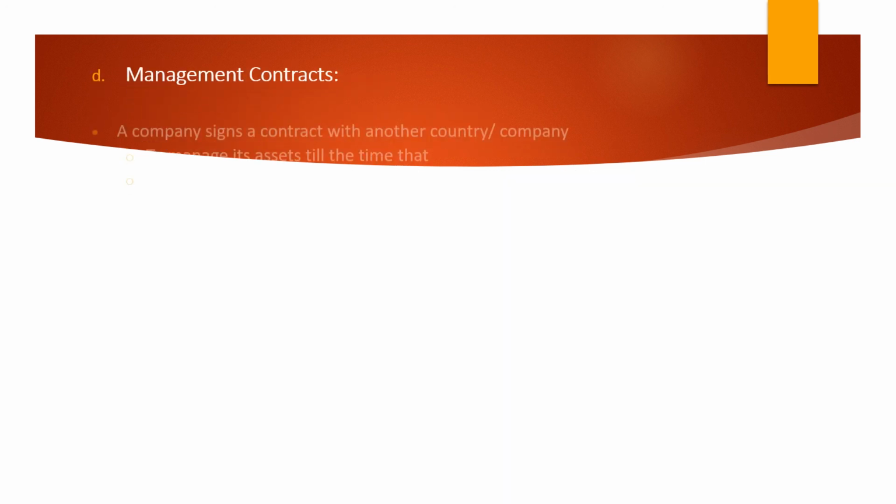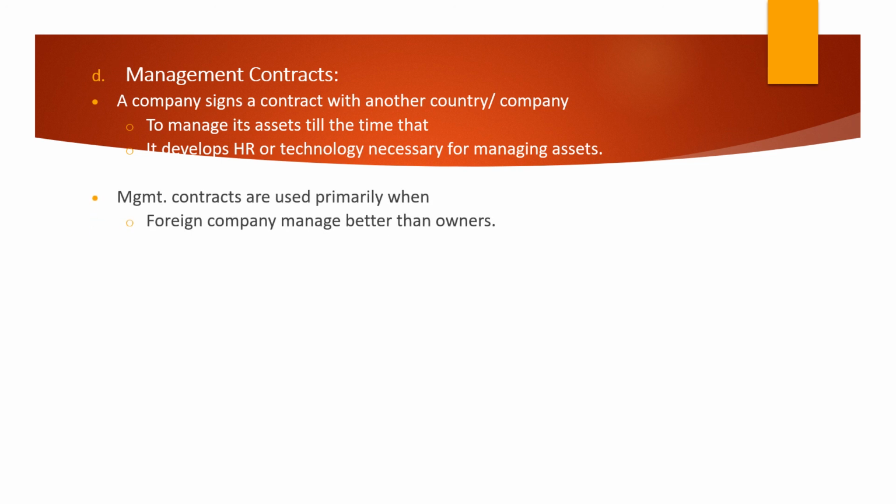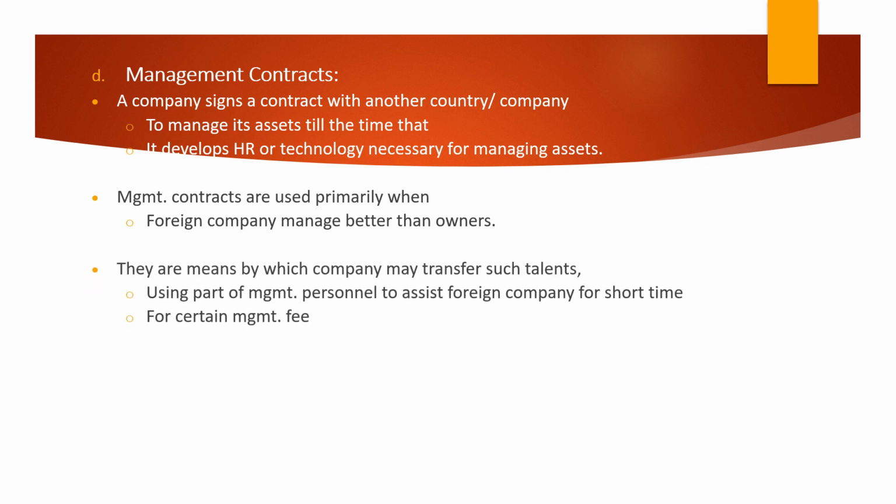Now we have management contracts. A company signs a contract with another country or company to manage its assets until the time that it develops the human resource or technology necessary for managing assets. So management contracts are primarily used when foreign companies manage better than their owners.